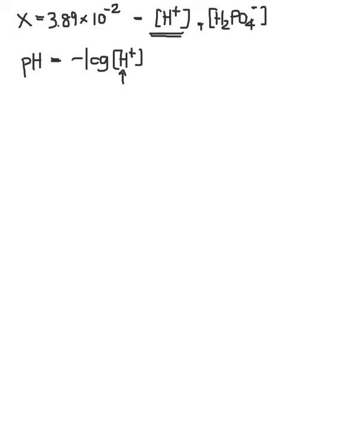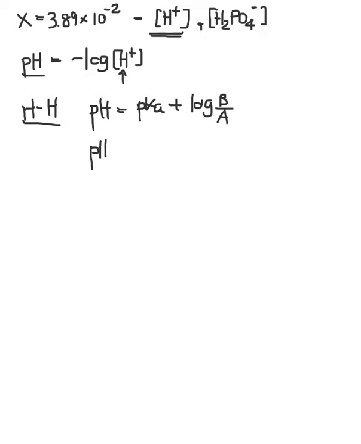Or you can use the Henderson-Hasselbalch equation to calculate the pH. The Henderson-Hasselbalch equation is pH equals pKa plus log B over A. The pH is what we want to know, and the pKa is 2.12.